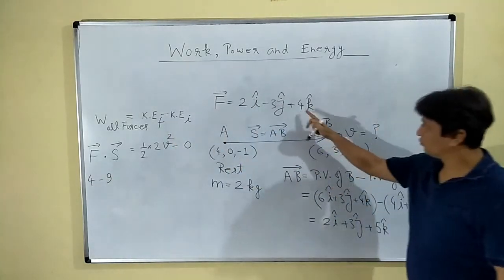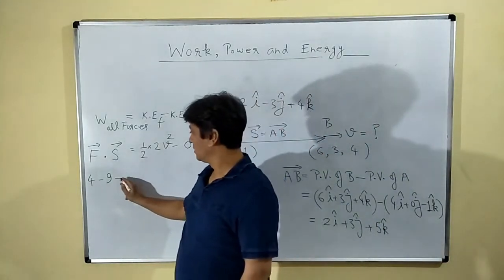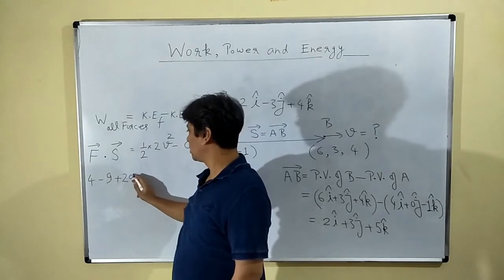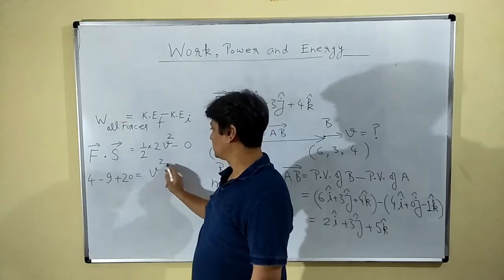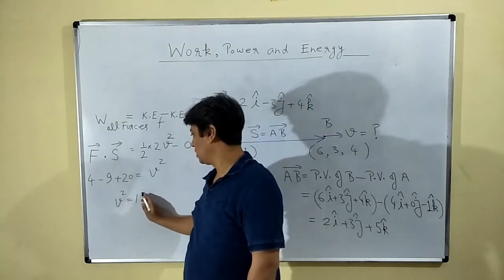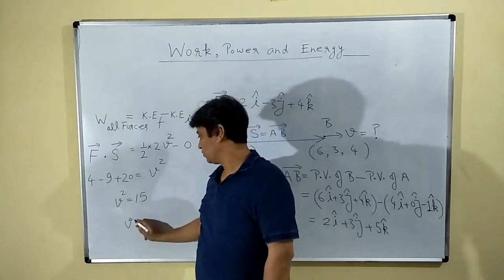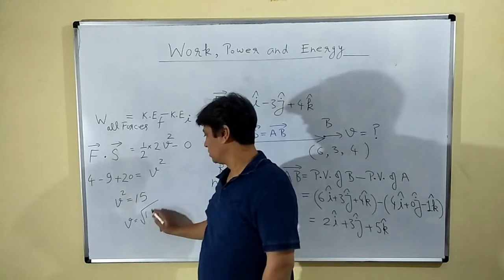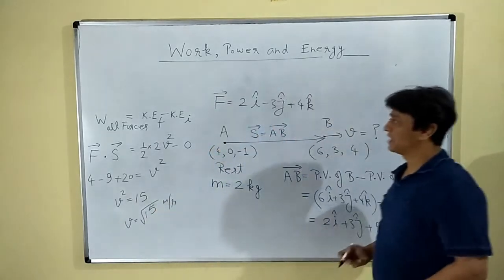K with K, 4 multiplied by 5, that is 20. That's how you take the dot product. This is V square. V square is coming 15. And therefore, V is coming root over 15 meters per second.